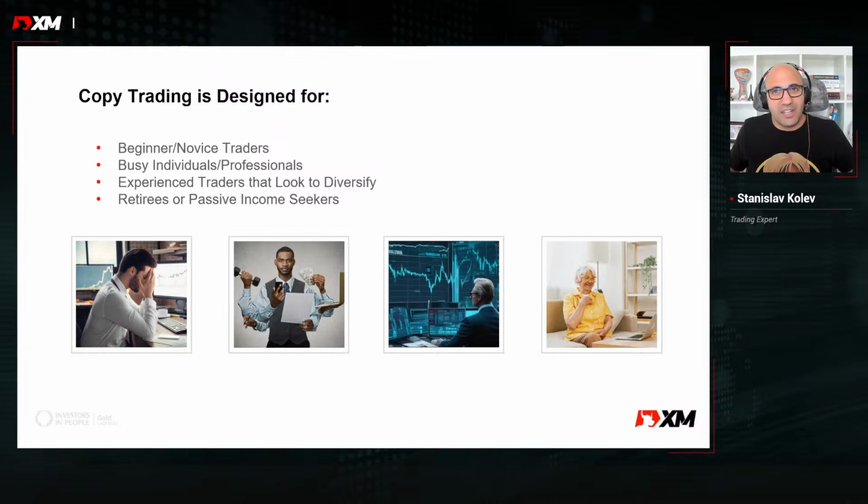It's also a great tool for experienced traders that look to diversify. Let's say that you're the best trader on currencies. However, you have never gotten into commodities or cryptocurrencies or stock trading, or maybe exotics, or any other instrument that you have no experience in, which means that your whole capital and understanding is concentrated in Forex.